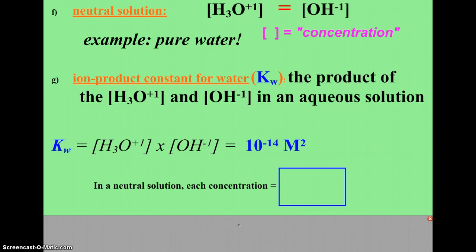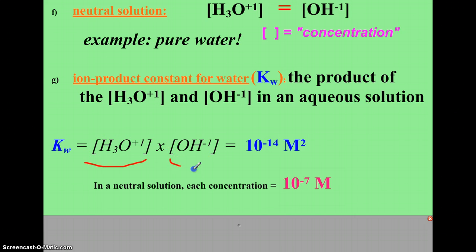Again, all acids and bases are dissolved in water, and so this is always going on because they're always going to be an aqueous solution. And so essentially when you break that apart, again, in a neutral solution, the concentrations are equal. So when you multiply them together, if they get 10 to the -14, that means each concentration is 10 to the -7. So the concentration of hydronium is 10 to the -7.